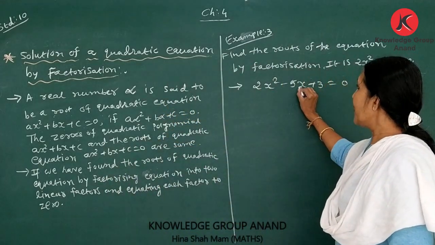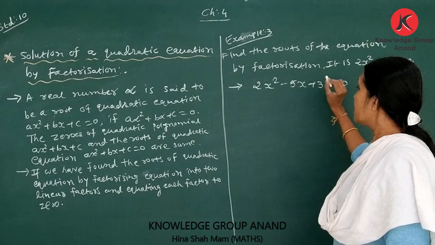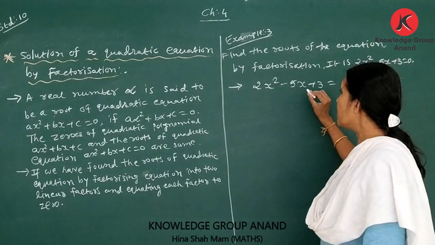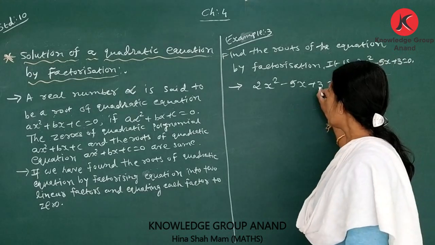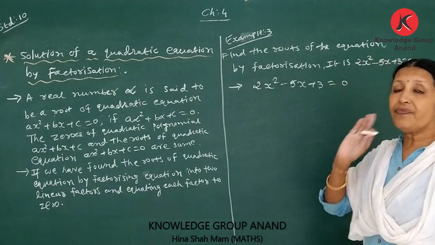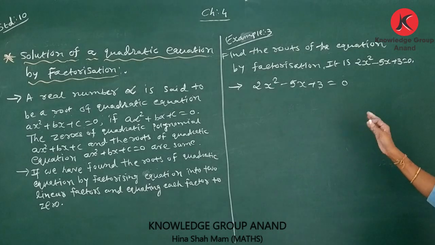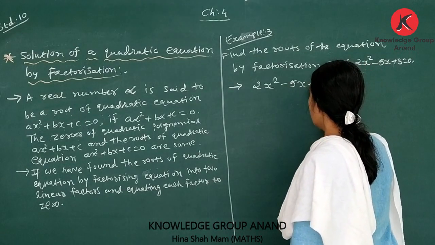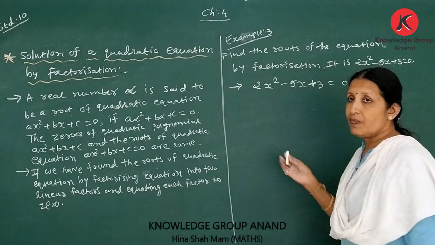The product of the two split terms should be 6x square, and their sum should be 5x. Here the sign is positive, so the sum is 5x.